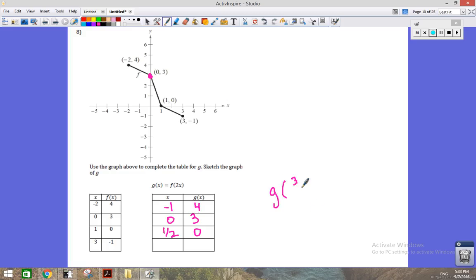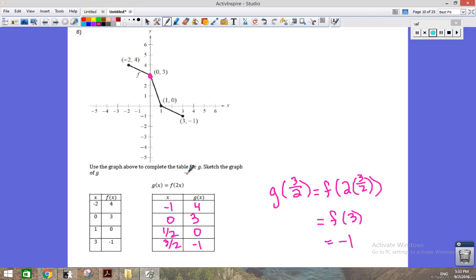So what about G evaluated at 3/2? That's f evaluated at 2 times 3/2, and 2 times 3/2 is just 3. And f evaluated at 3 is -1. So when this is 3/2 the y-coordinate is -1.